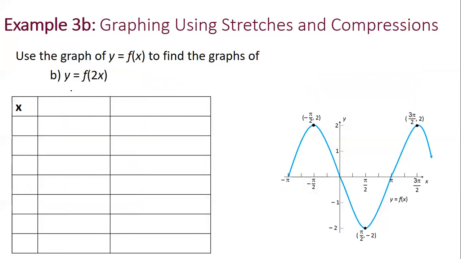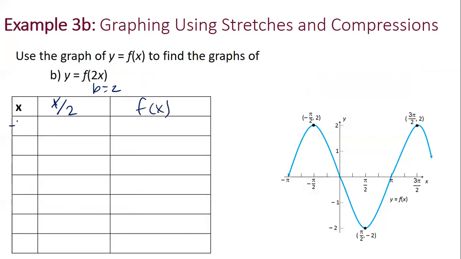Because we're doing B, our y values are going to stay the same, but each one of our x values, because we have B equals 2, is going to be divided by 2, because our x is a liar. It looks like multiplication, but it's actually division. And our f of x's are not changing.